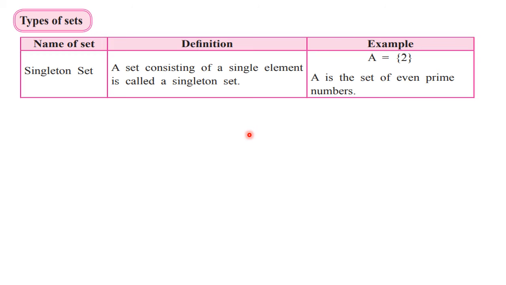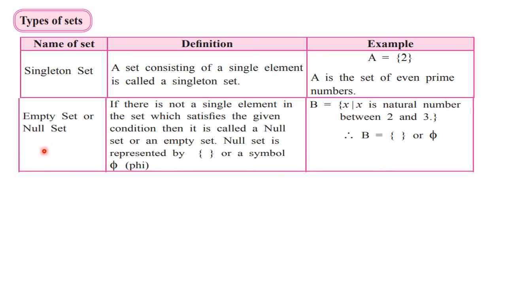The second type is the empty set or null set. Again, the name suggests that the set is empty, meaning the set is not having a single element. Or you can say that the set with no element is called a null set or empty set. So if there is not a single element in the set which satisfies the given condition, then the set is called what?